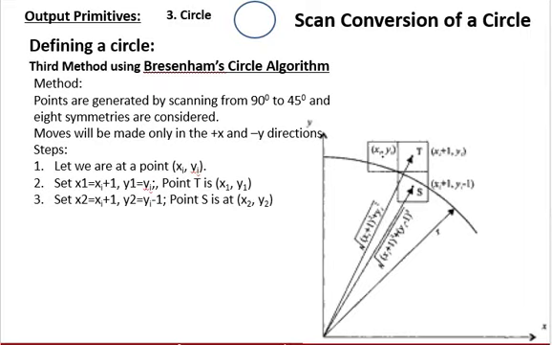Let us be at the point xi, yi, which is the initial point. Then set the value of x as x plus 1, and y remaining the same. Then the point is x1, y1. Set the point x2 equals xi plus 1 and y2 equals yi minus 1, which is the point x2, y2.